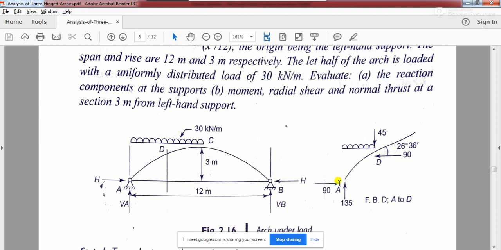Now next see for the vertical forces, how do you consider? See, 135 force is acting upward, and this load is 30 kilonewton per meter, and this distance is 3 meter. So 30 into 3, 90.